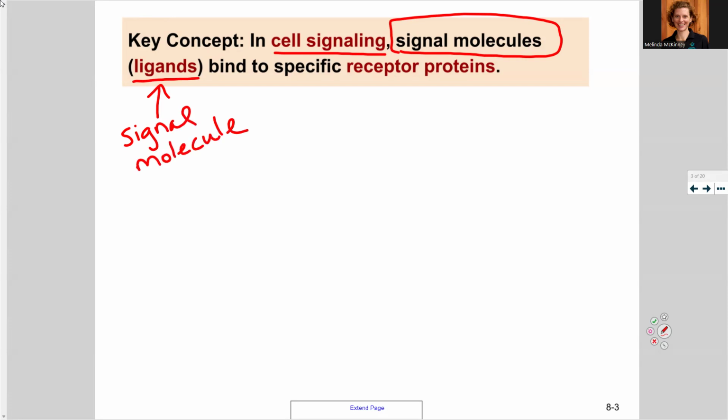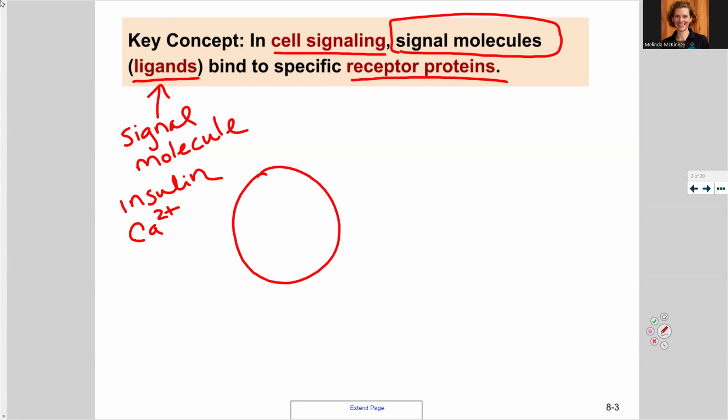It could be any type of hormone or a simple molecule, something like insulin or a calcium ion. So anything that's sent from one cell to another and is received in a receptor protein. If I've got a cell over here, this is my signaling cell, and it's going to release a signal.